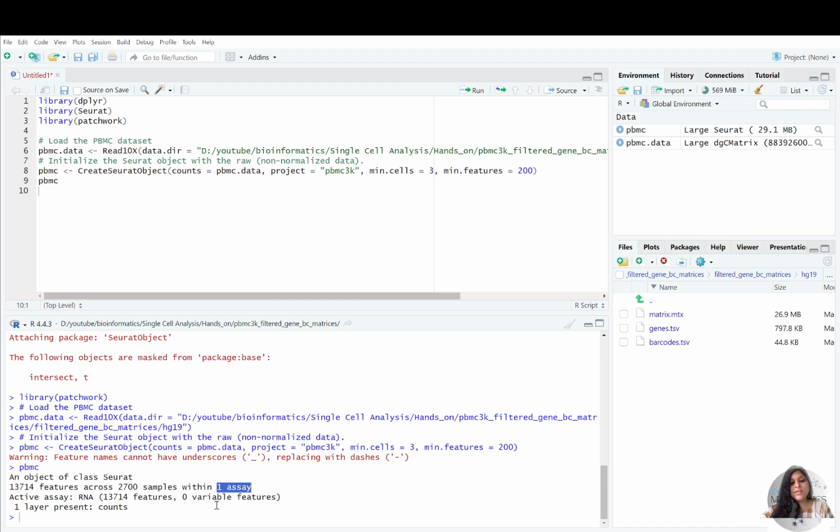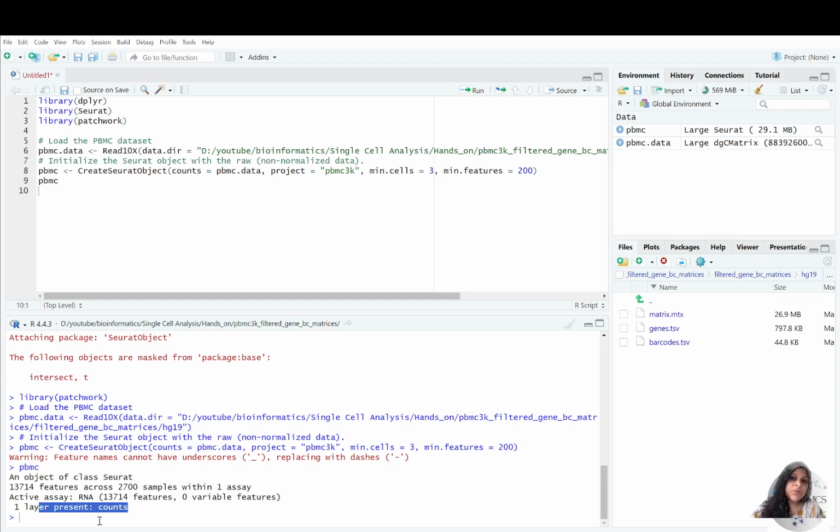Because we only have details of the RNA. If this data also had a count matrix of protein expression, it would be 2 assays. So we can have different types of assays in our data. Only one layer is present, that means only the count matrix is present.